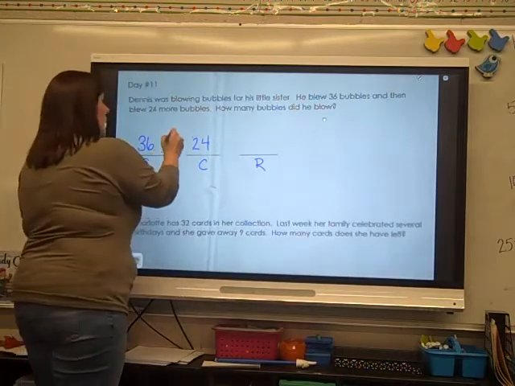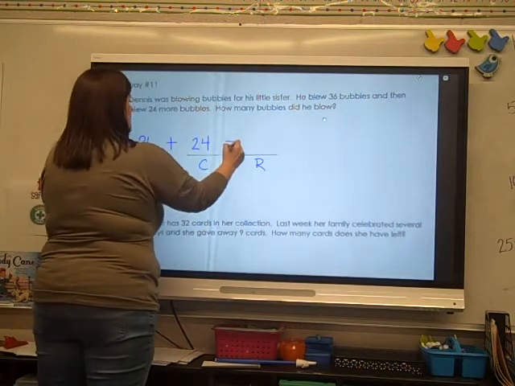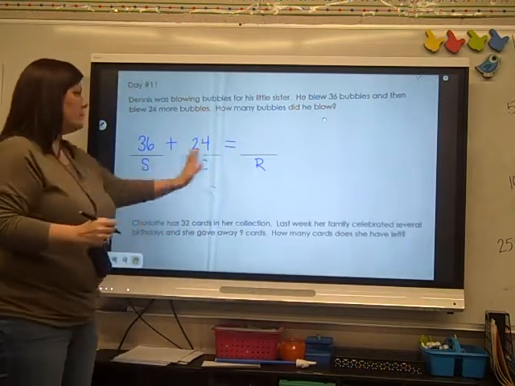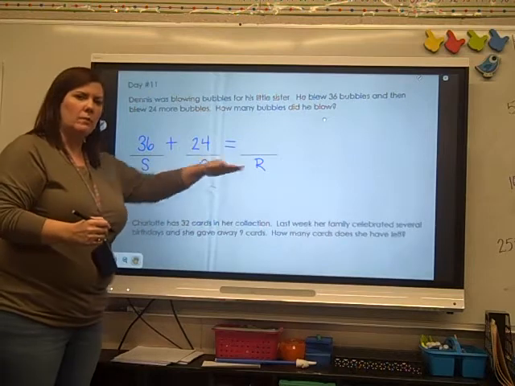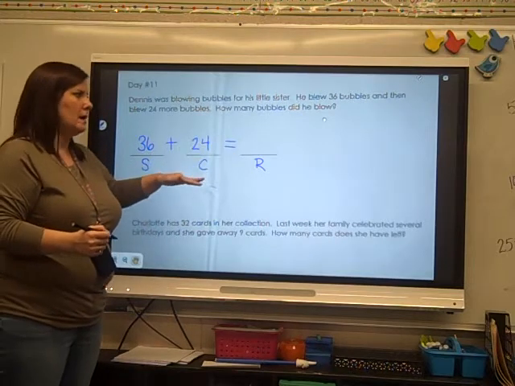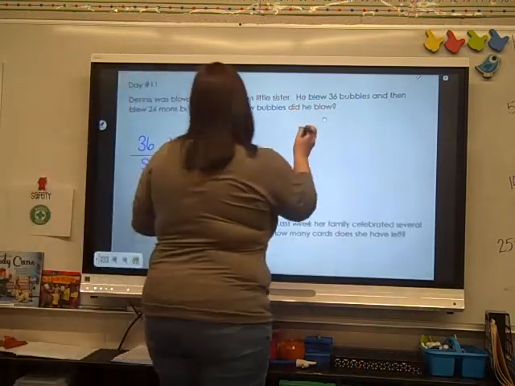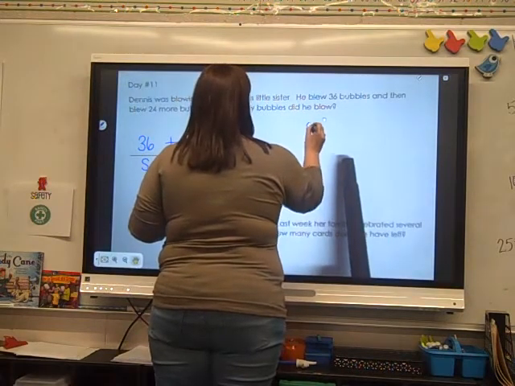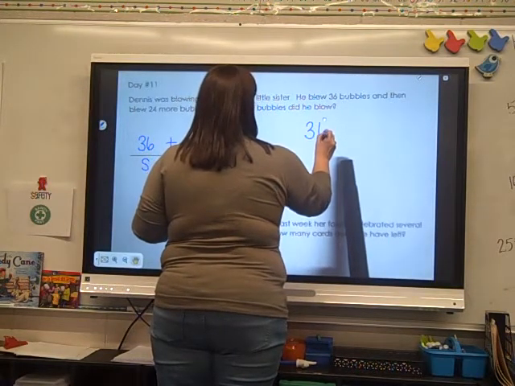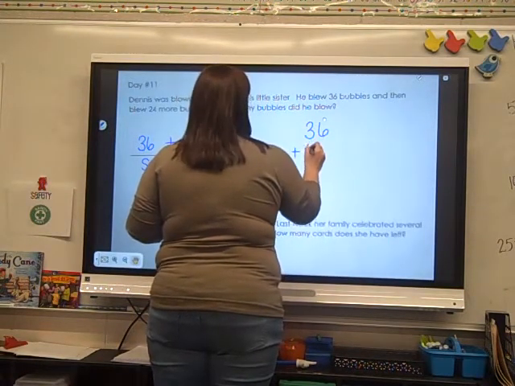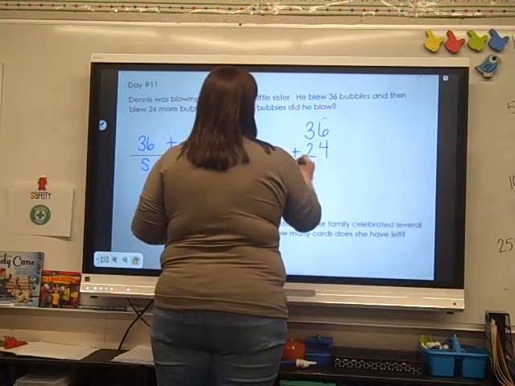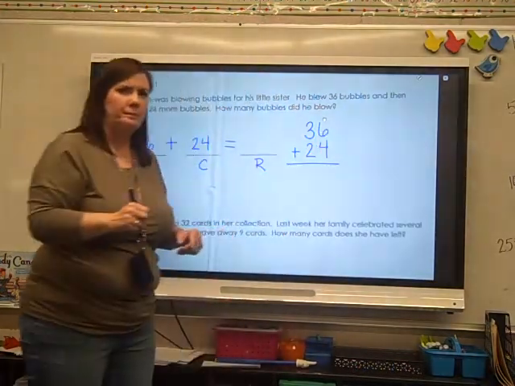Right, you're adding it. Put your equal sign. Now, remember, I'm not going to add this going horizontal or side to side. I'm going to come over here and I'm going to put 36 plus 24, and I'm going to add that up.